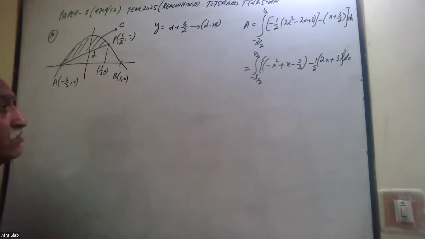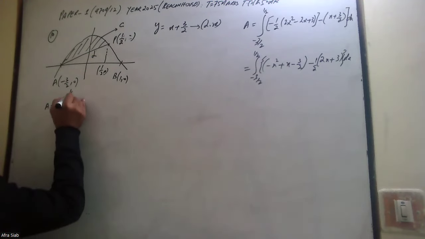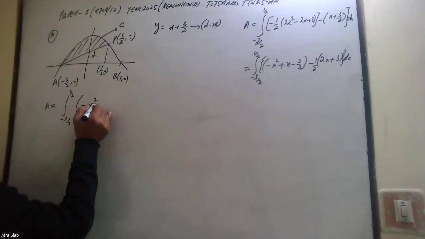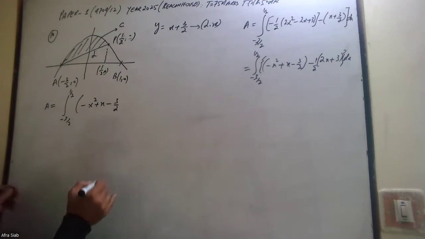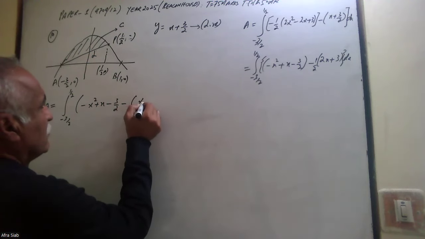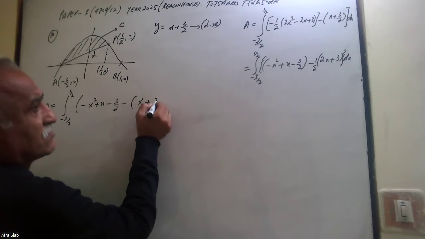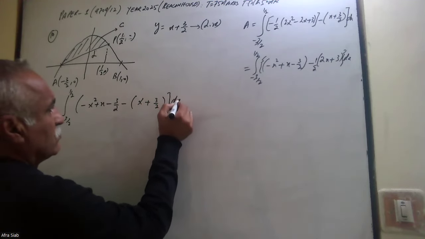So this will be equivalent to minus 3 by 2 to half into minus x square plus x minus 3 over 2 minus x plus 3 over 2 into d of x.